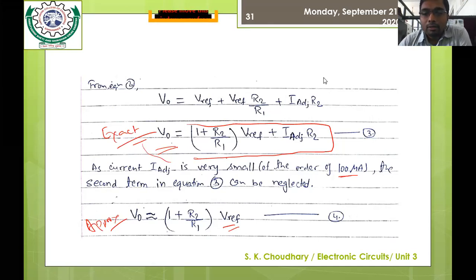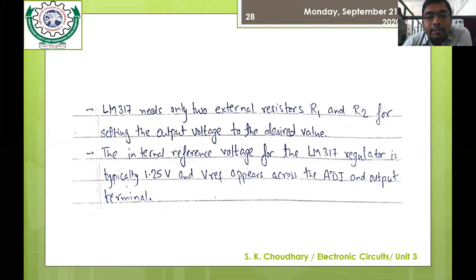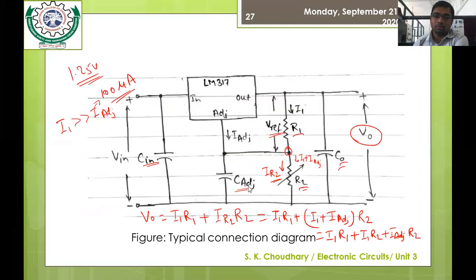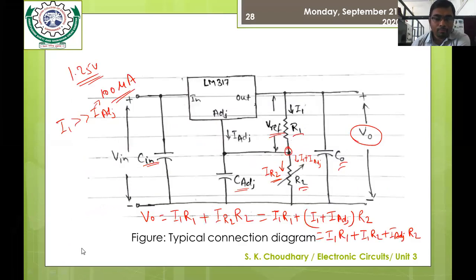Okay. Now, at the end of this description of the connection of the LM317, we have to discuss the reason for connecting C1 or C in, C adjustment and C0. So what is the role of C in? This is connected across the input terminal and the ground.